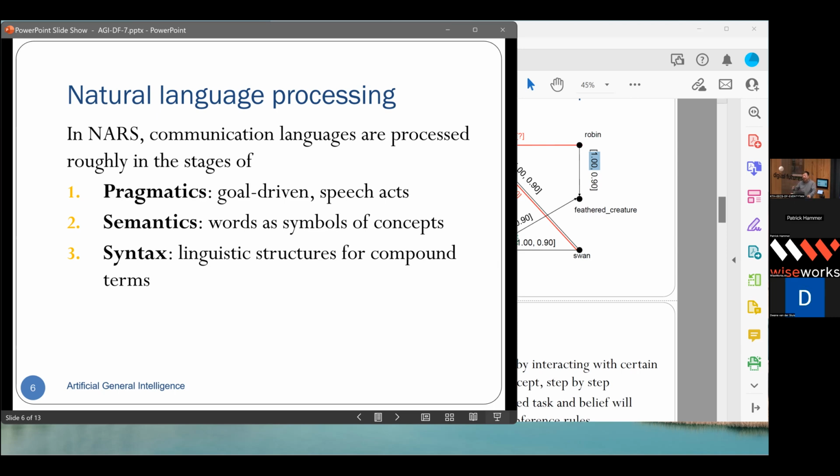And also you can compare it with the current popular deep learning approach. You can also clearly see the difference. Deep learning typically takes an end-to-end training approach, so they don't really even bother to distinguish these three layers. So what do you get?